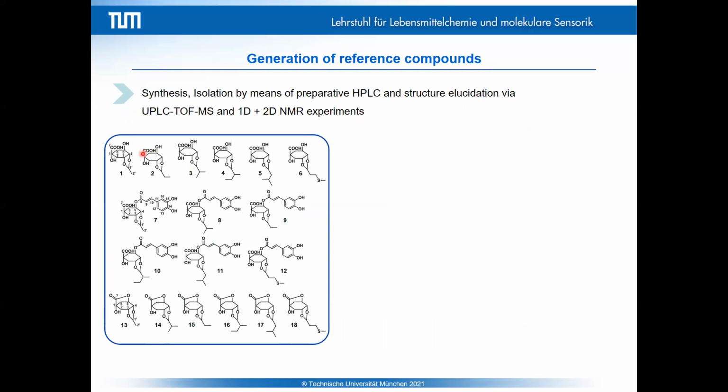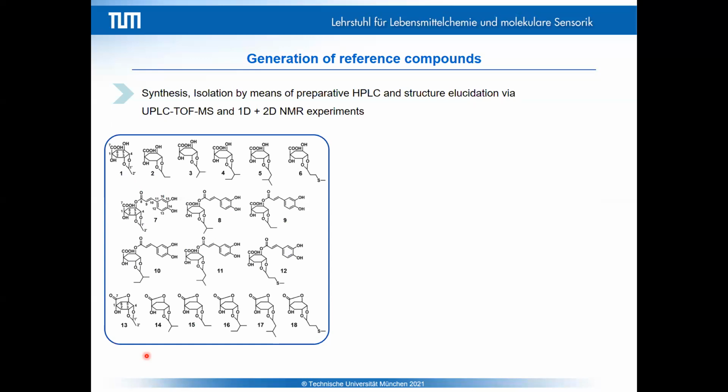Besides compounds 1 to 6, which were synthesized using quinic acid as precursor, we also used chlorogenic acid and quinic acid lactone as precursors, since these have the same structural features as quinic acid and are also major constituents in the coffee brew.